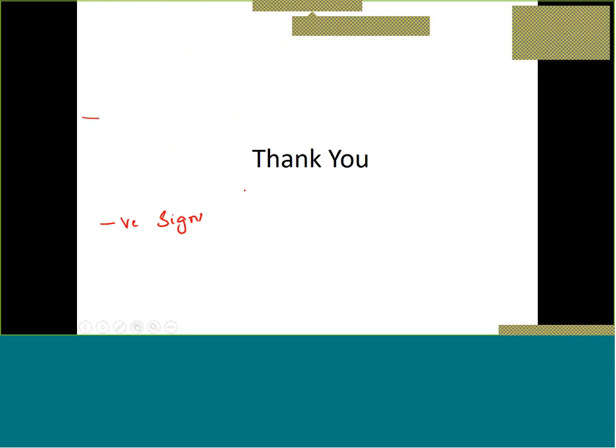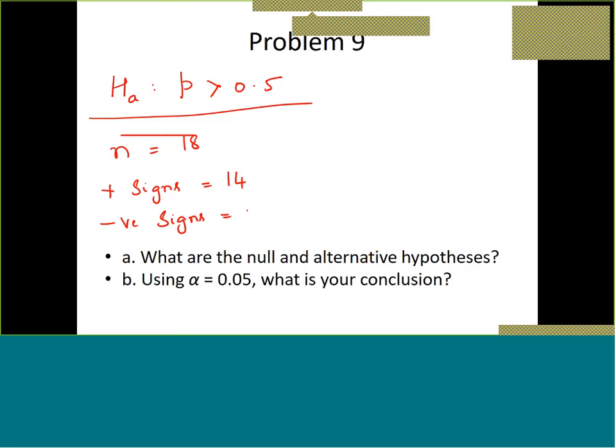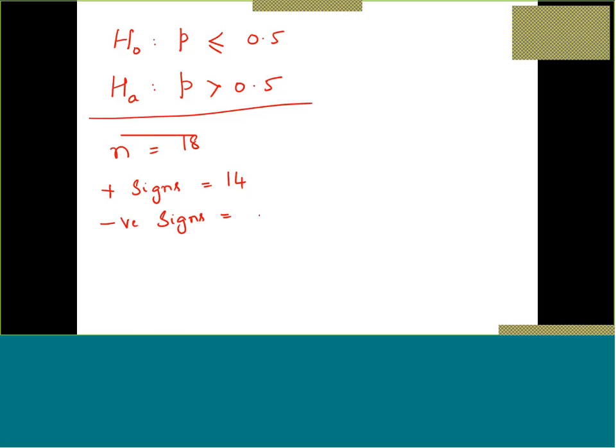And how many are there on negative signs? Correct, 4. Now you know very well that your test statistic, that is the number of positive signs in the population, follows binomial, correct?